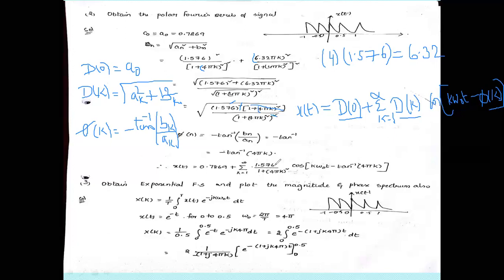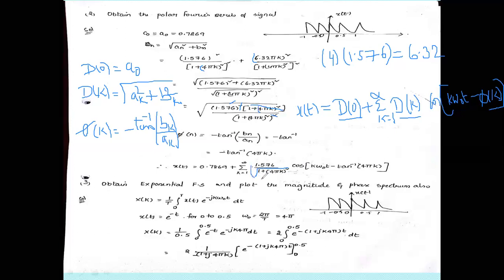So 1.576 and here it is under root. It is also one mistake, my dear students, so verify this. Here you can keep one bracket and here also the bracket is there. And here also one parenthesis. And in this answer 1.576 under root of 1 plus 4 pi k whole square. Something went wrong here.